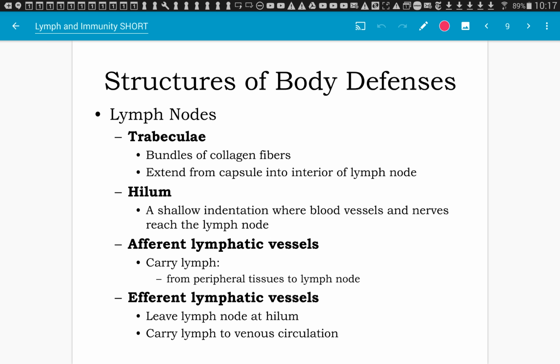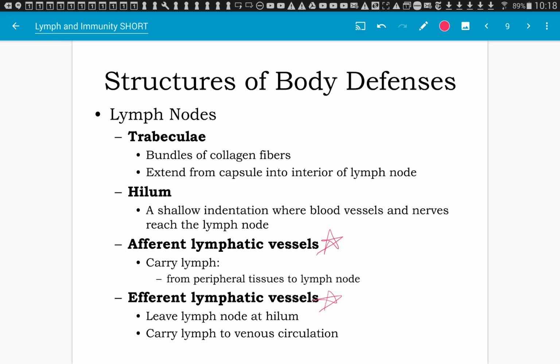Okay, so body defenses, talking about some specific structures of the lymph node, and we can back up again if we need to real quick, but I did already highlight afferent vessels and efferent vessels. Trabeculae, this is that part of the capsule that extends into the lymph node and gives it those little cavities and crevices, okay?